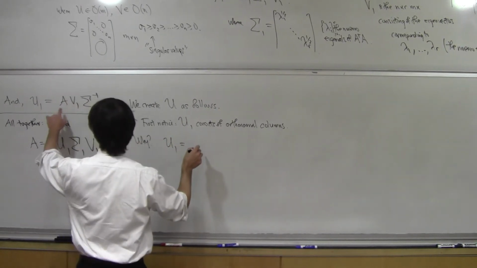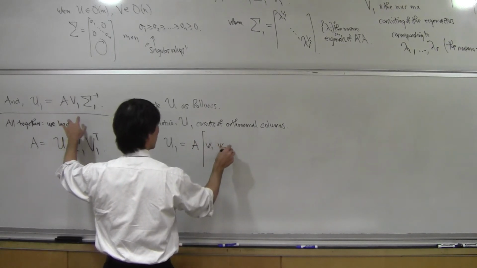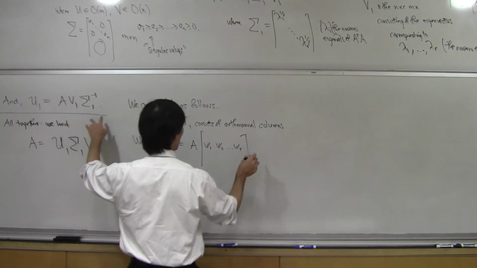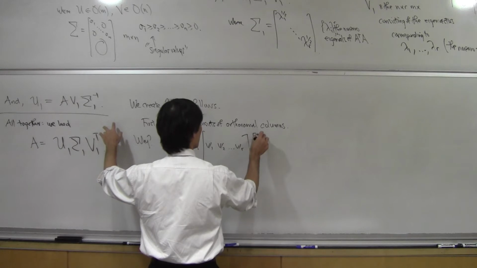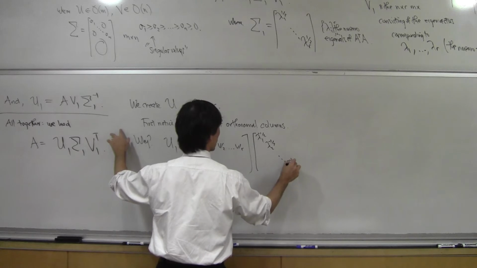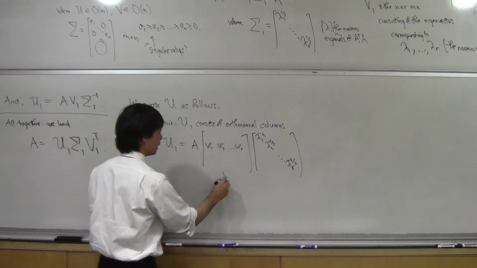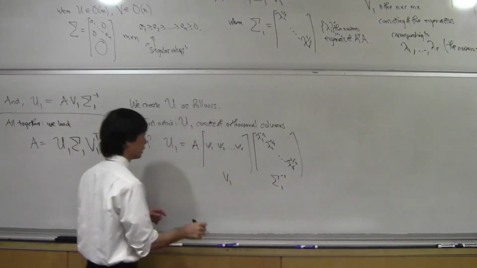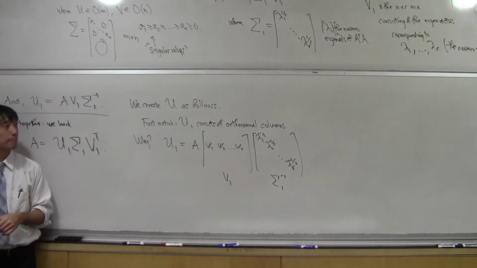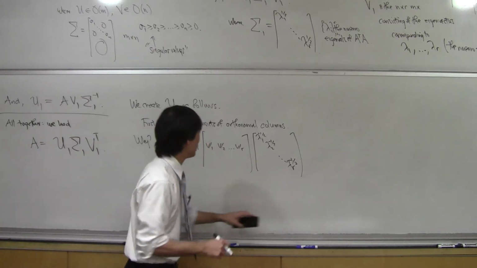U1 equals A V1 sigma 1 inverse. Now I'm just going to multiply this out.